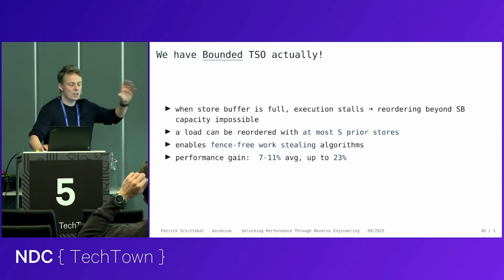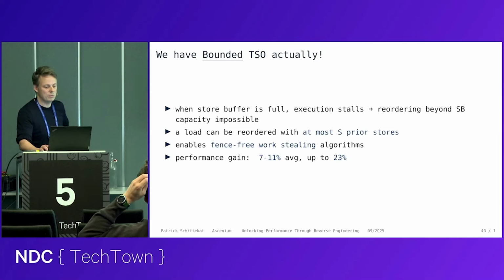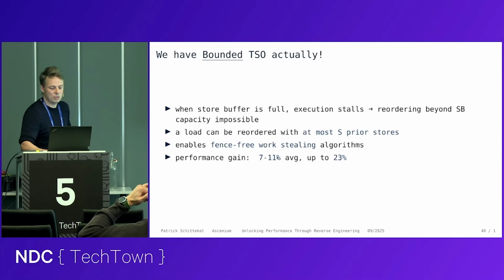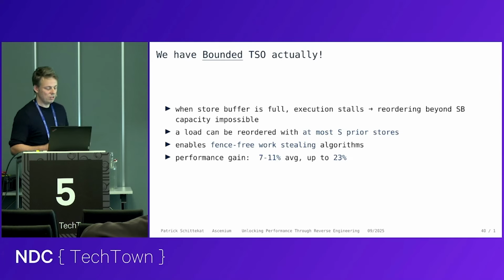Using that, you can make fence-free work stealing algorithms. The performance gain was 7 to 11%, and on average up to 23%. So basically, in your program, you try to detect the store buffer size of the computer you're running on, and then make sure that you don't need to have fences in this algorithm.